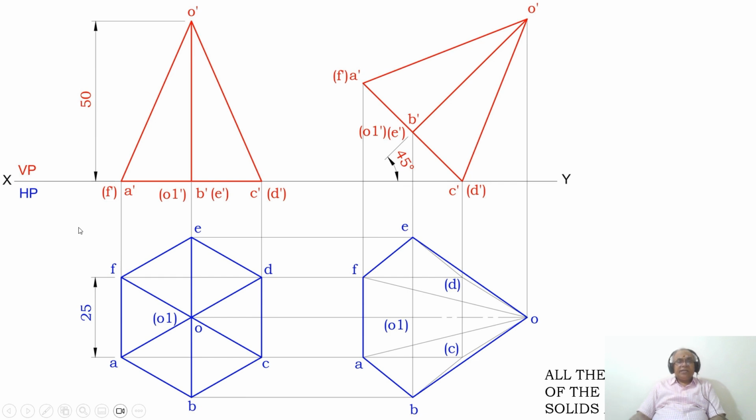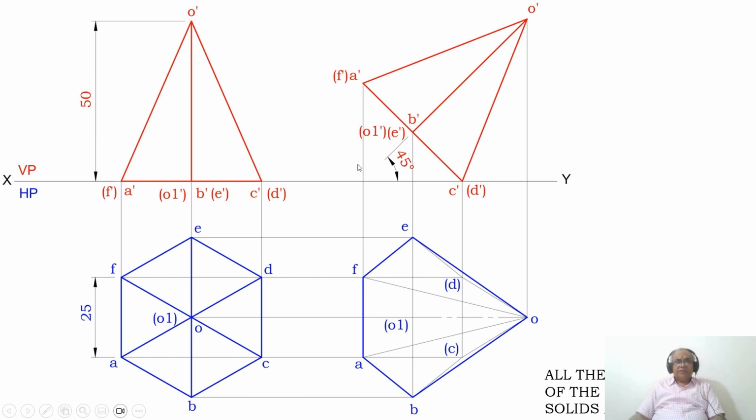Then rewrite the same sketch here without altering any view. That is, O dash to A dash to C dash to O dash is one view. Then from O dash to B dash you make the other edge. Now I need to write the top view for this. How to do that?